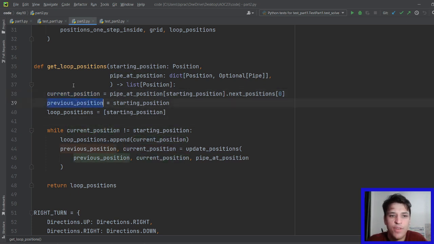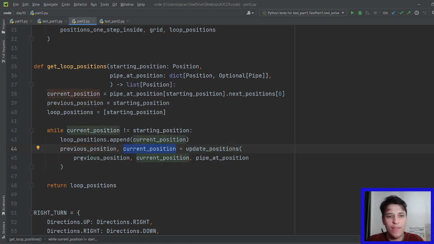Then the previous position will be the starting position. For the loop of positions, we start with a list of just the starting position. Then we go along the loop until the current position is equal to the starting position again. In each step, we append the current position to this list of loop positions. And then, just like in part 1, we update both previous and current position.